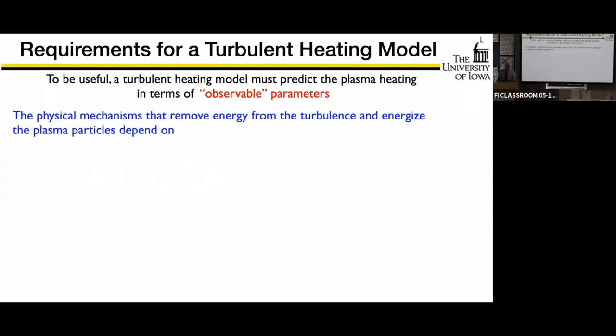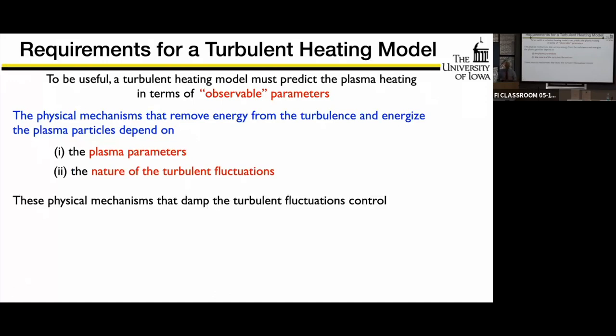The physical mechanisms that will remove the energy from the turbulence and energize the plasma particles are going to depend on both the plasma parameters, things like the plasma beta, the ratio of the thermal to the magnetic pressure, or the ion to electron temperature ratio, as well as the nature of the turbulent fluctuations. So there is a set of turbulence parameters that it will depend on.